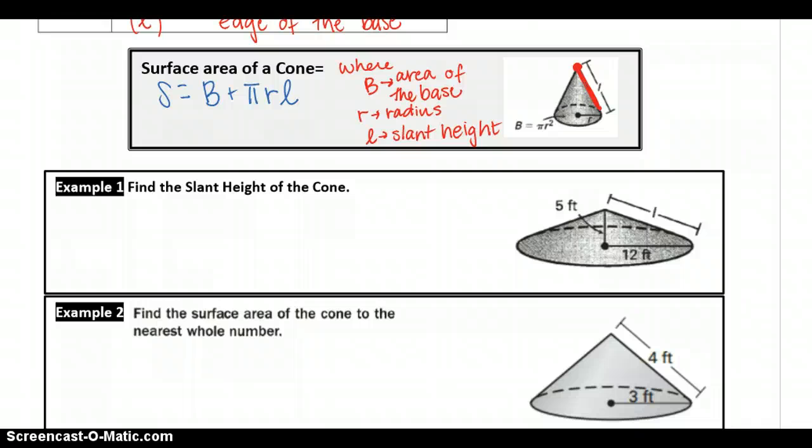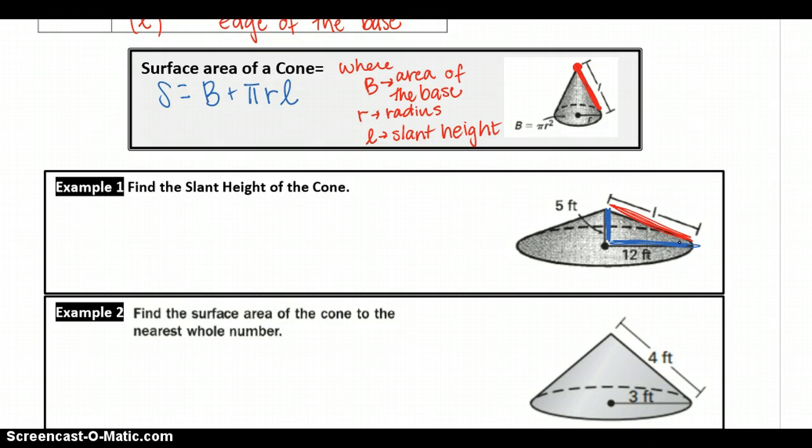It asks us to find the slant height of a cone. Well, our formula actually is for surface area, so we won't use our formula. We just want to know the slant height of this cone. Here's our slant height going across, but you can see that the slant height makes a right triangle with the height of the cone and the radius of the cone.